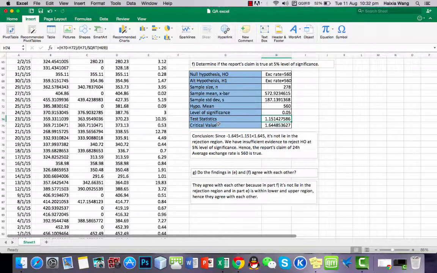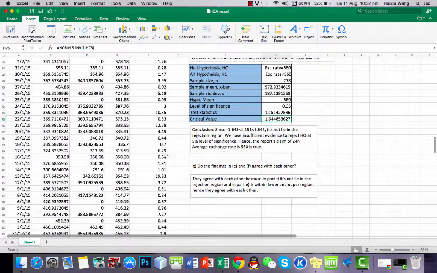For the test statistic, the equation is sample mean minus hypothesized mean, divided by standard deviation divided by the square root of sample size. So I get this. For the critical value, the formula is the inverse of the standard normal distribution of 1 minus level of significance.